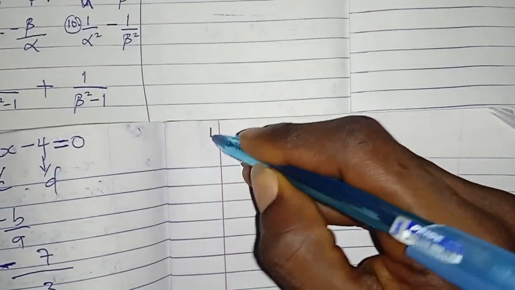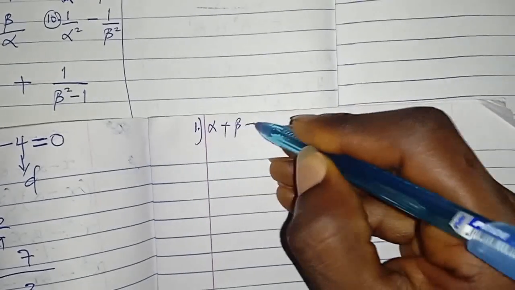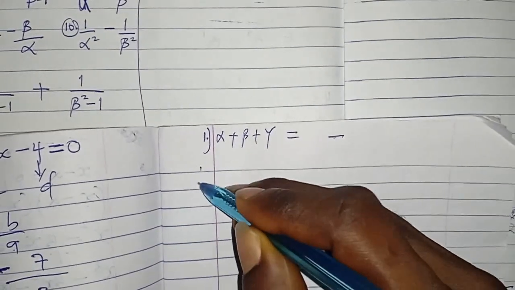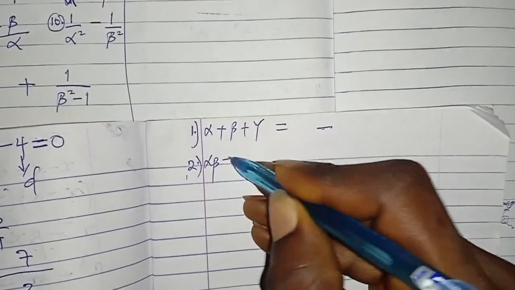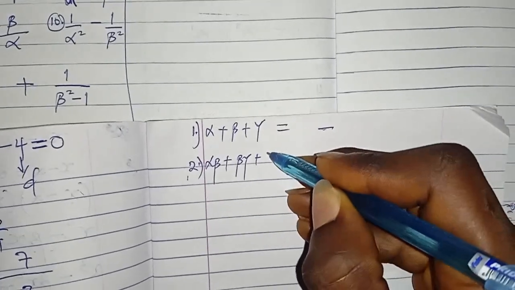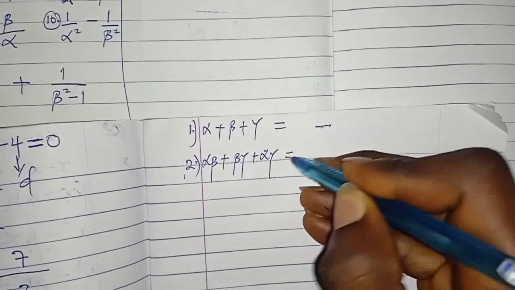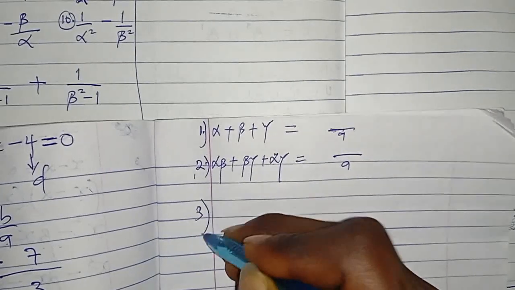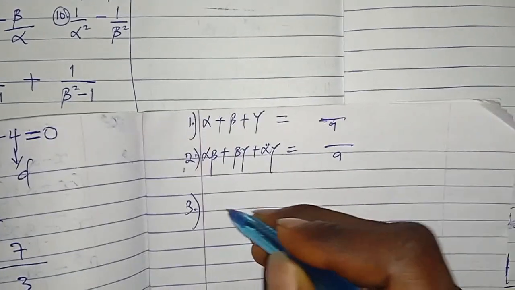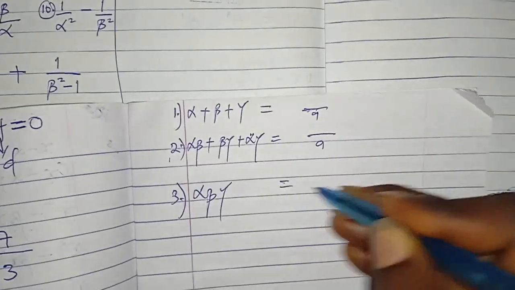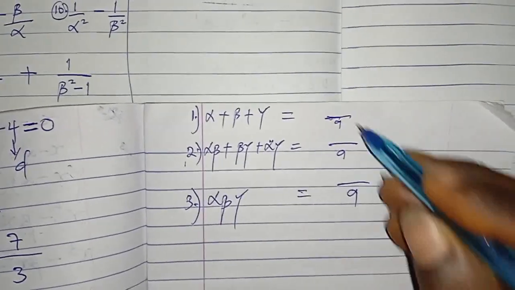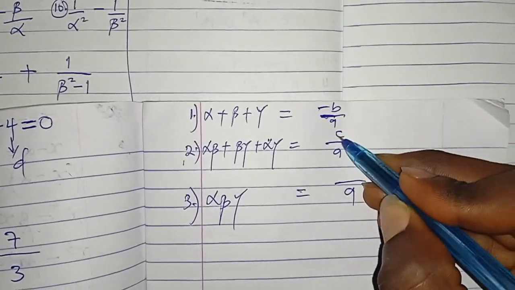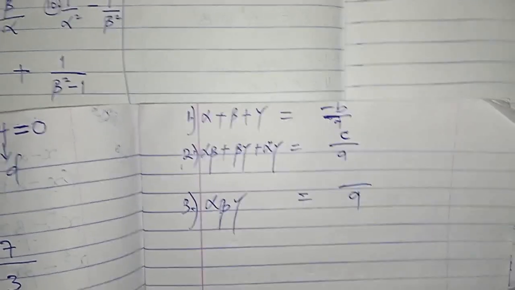When you want to find alpha plus beta plus gamma, or alpha beta plus beta gamma plus alpha gamma, all of them are over A. For the sum, it always carries minus B, then the next thing is C. You can't have A over A because A over A is equal to 1.